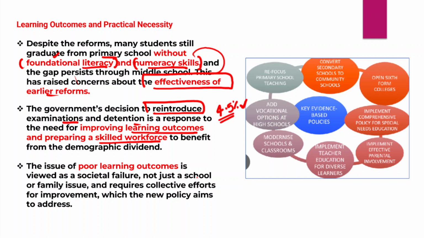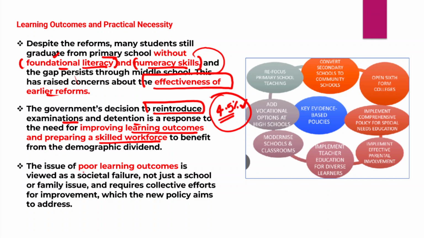So therefore, if we want to skill our population and improve our learning outcomes, it is very important that we focus on foundational literacy and numeracy skills at the primary and upper primary levels. And it is also very important to introduce the detention policy as well, right? Because skill development is very important for us to reap the benefits of the demographic dividend.